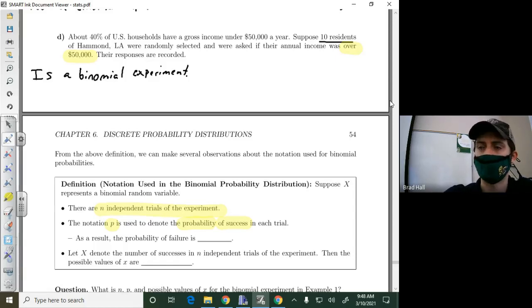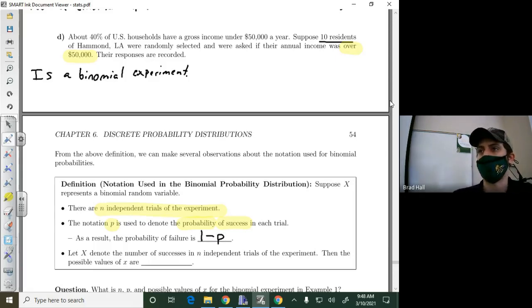How'd you get 30? You did 100% minus the 70%. But when we deal with probability, we don't look at percentages, we look at proportions. So let's just move those decimals around a little bit. Instead of 100% minus 70%, it would be 1 minus 0.7, which would give you 0.3. Same idea here, 1 minus the probability.